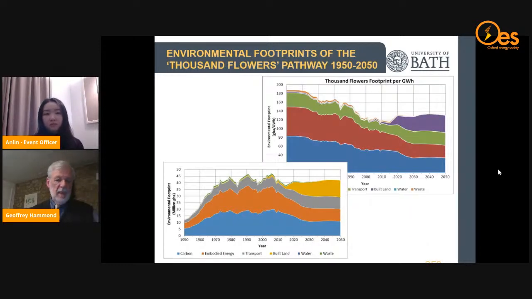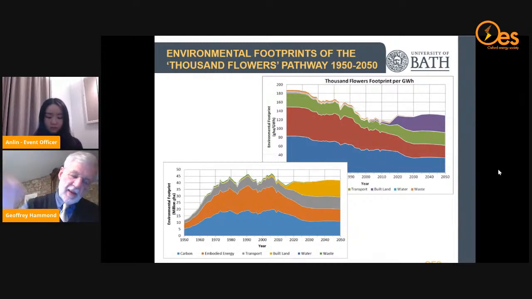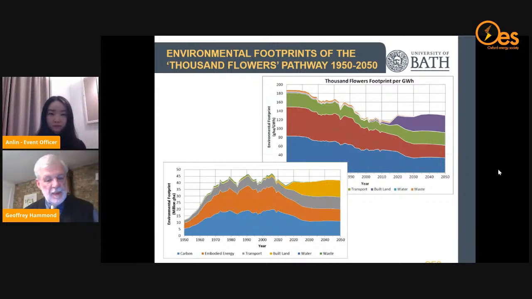Next slide, please. Now, I'm just showing here a group of slides for the Thousand Flowers pathway. If you look at the slide on the bottom left-hand side, it's looking at the total amount of environmental footprint going forward.